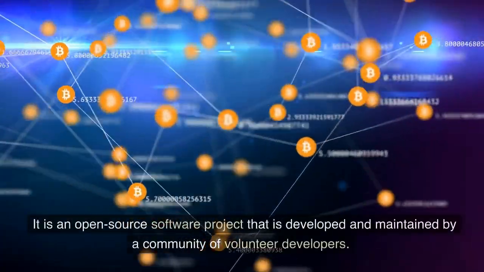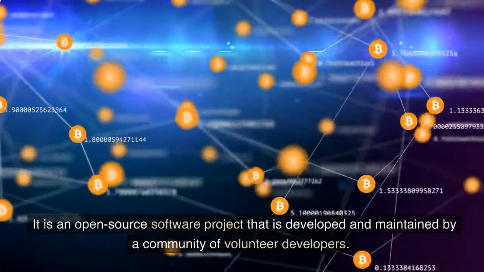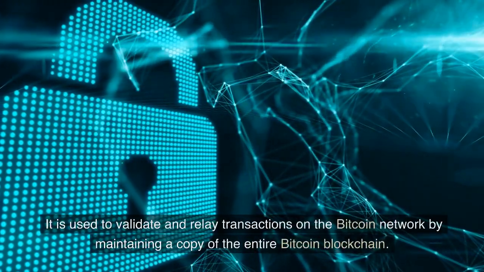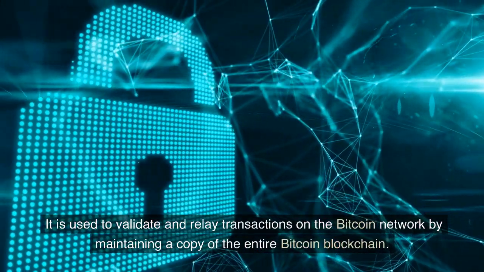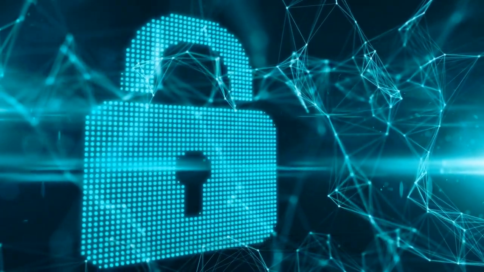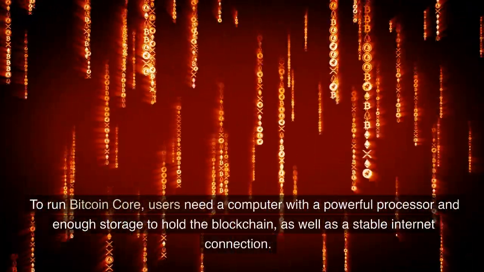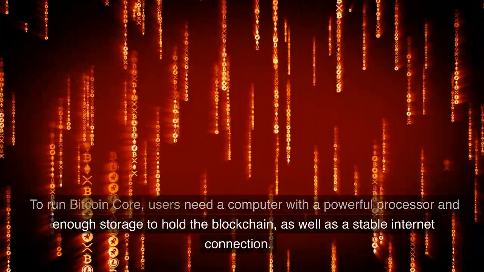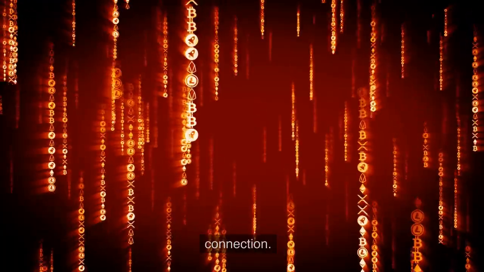It is an open source software project that is developed and maintained by a community of volunteer developers. It is used to validate and relay transactions on the Bitcoin network by maintaining a copy of the entire Bitcoin blockchain. To run Bitcoin Core, users need a computer with a powerful processor and enough storage to hold the blockchain, as well as a stable internet connection.